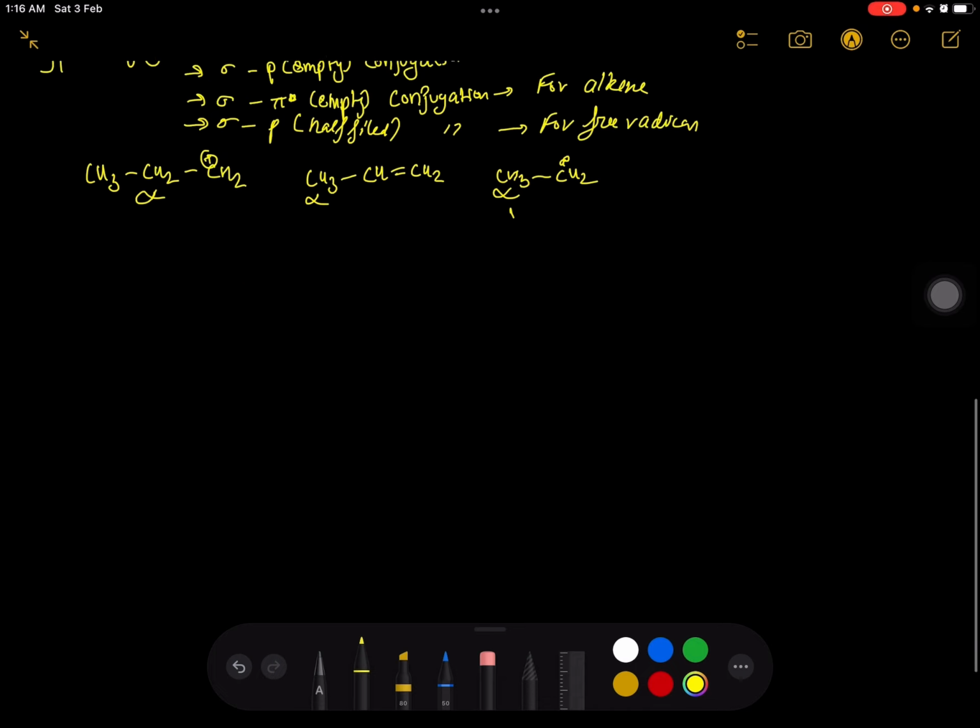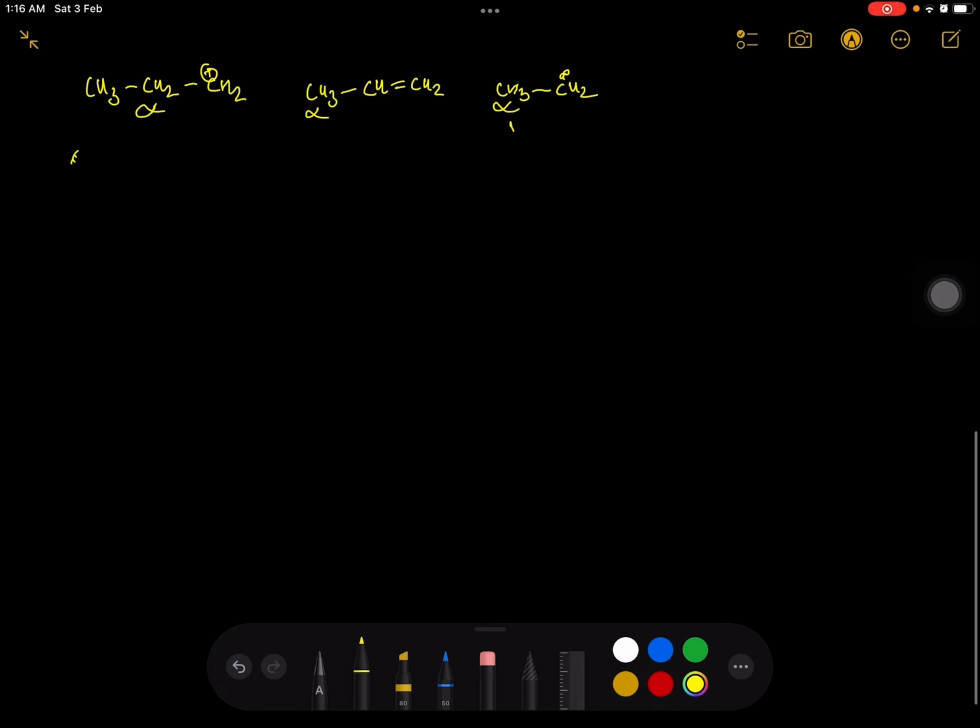Now let's look at hyperconjugation in carbocations. First of all, let's have here C, and I bet all of you know how to draw this diagram.